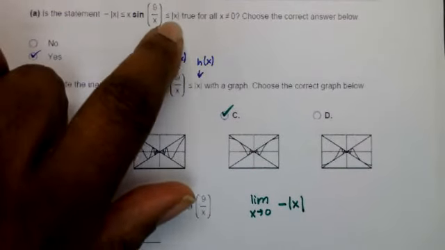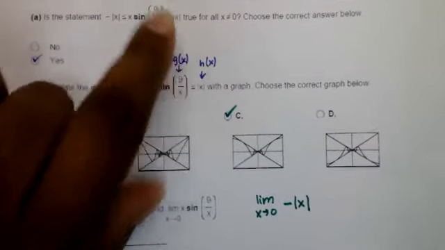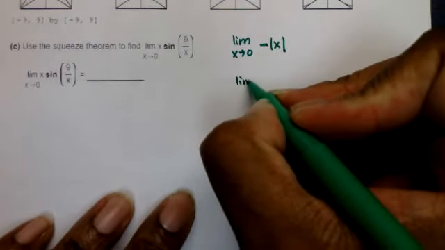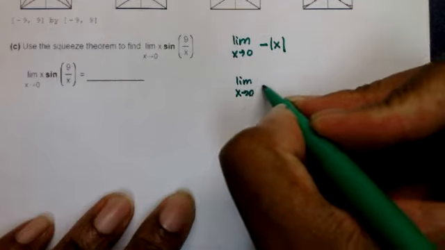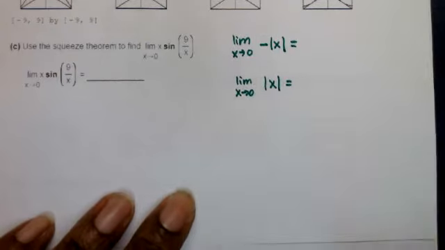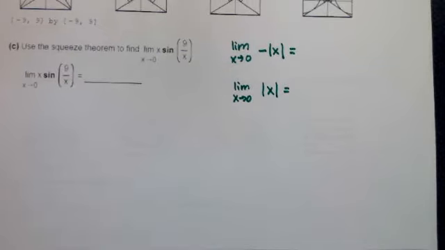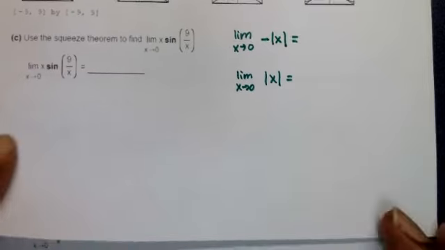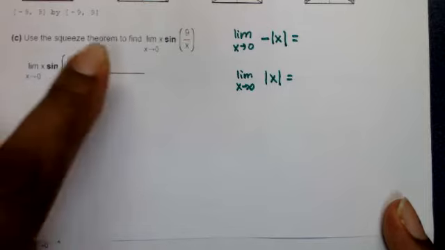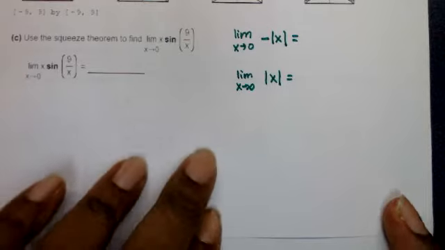And I have to find the limit of the function on the right side of the less than or equal to, which is the limit as X approaches 0 of absolute value of X. And if they're approaching the same value, then this limit of X times sine of 9 over X as X approaches 0 must approach that same value.